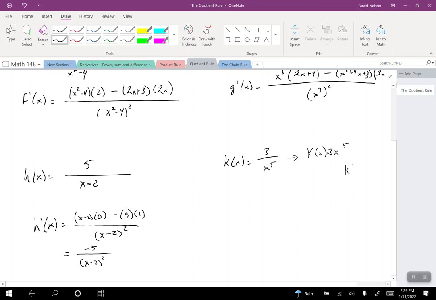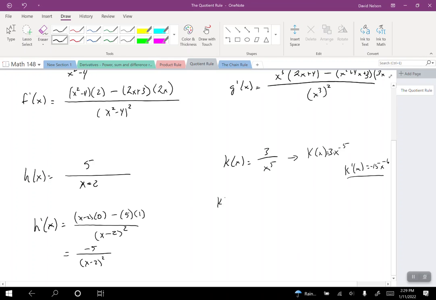Then when you take the derivative, you can just use the power rule: multiply 3 by negative 5, so you get negative 15, x to the negative 6, subtracting 1 for your exponent. So that's how to do it, just using the power rule.